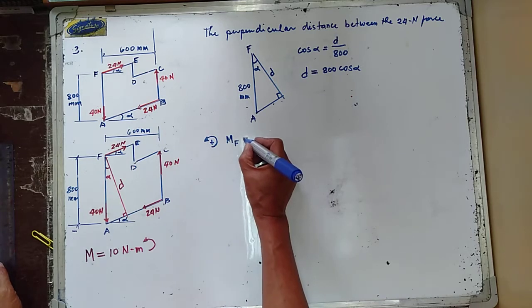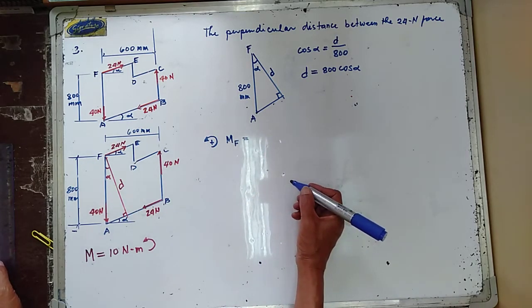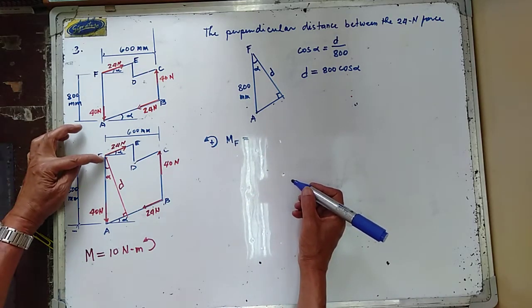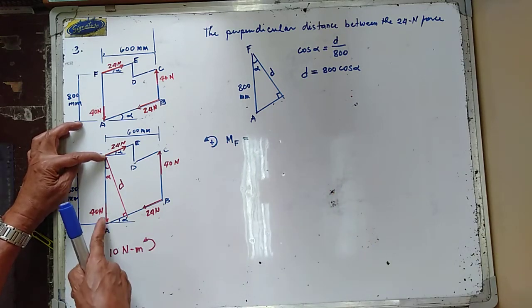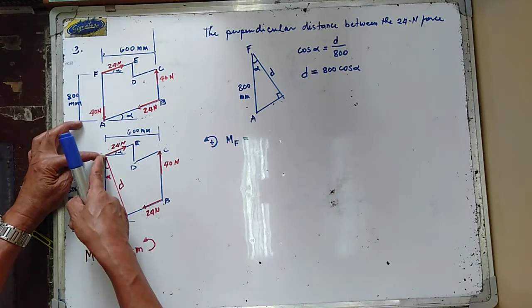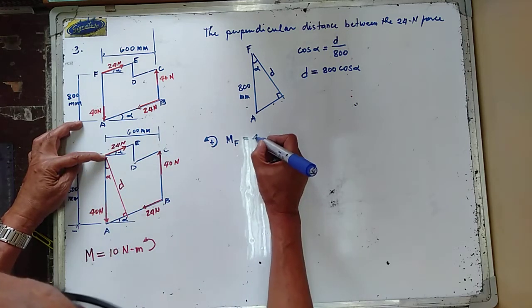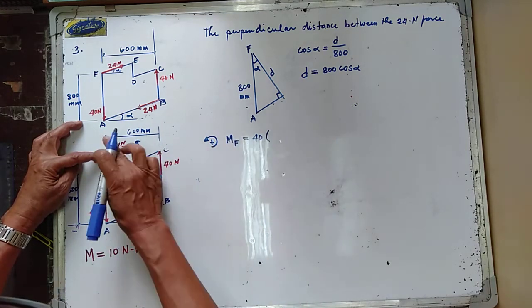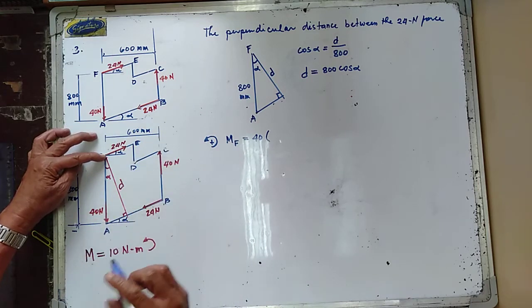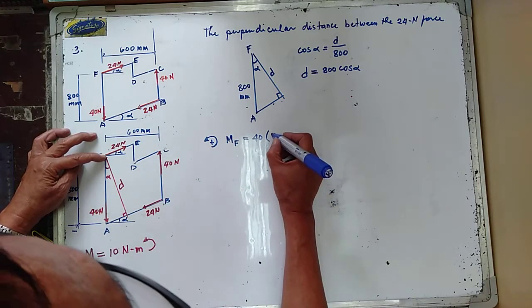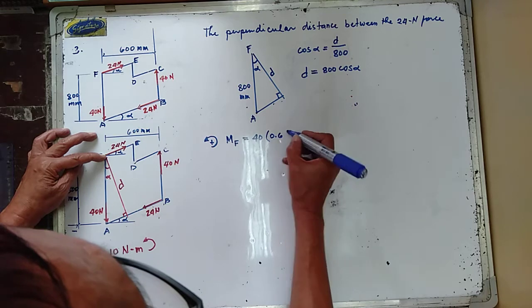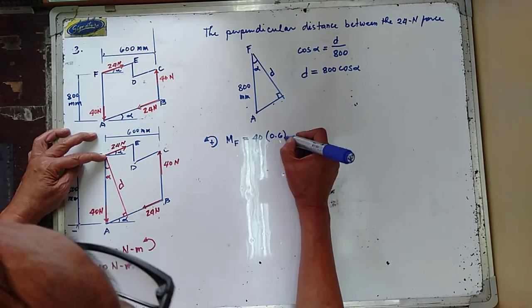The 40 has no moment about point F. So we have 40 counterclockwise, the moment arm is 600 millimeter, or 0.6 meter.